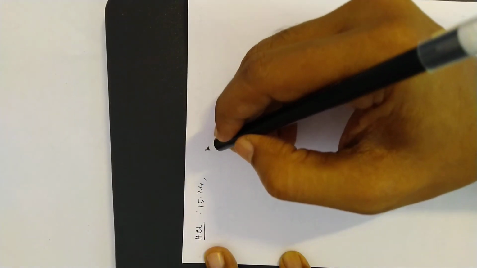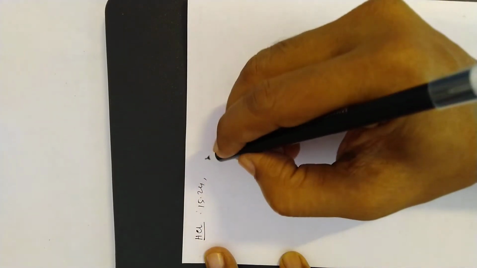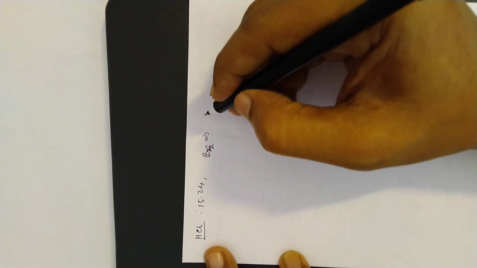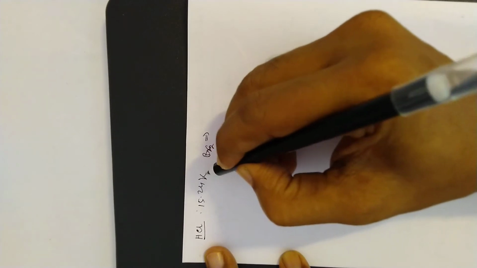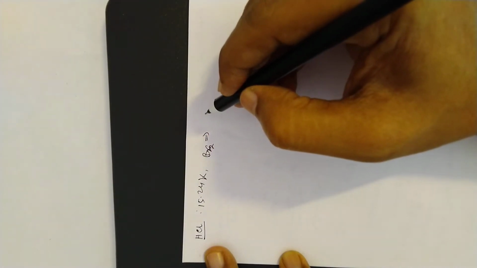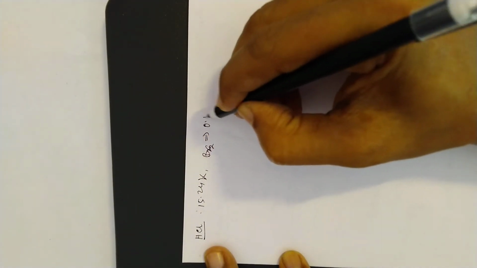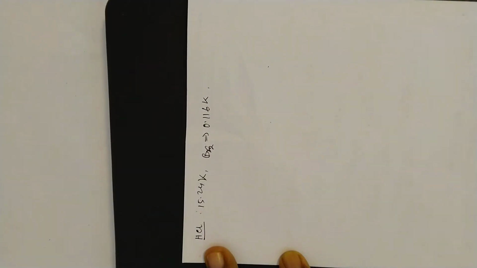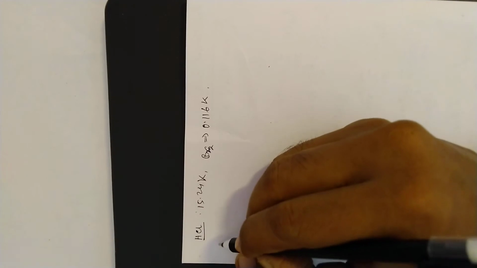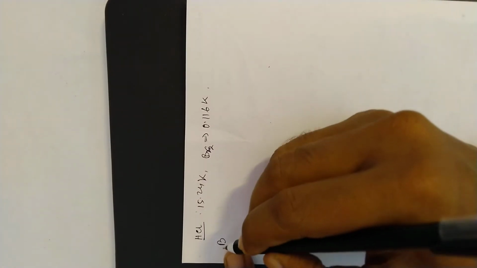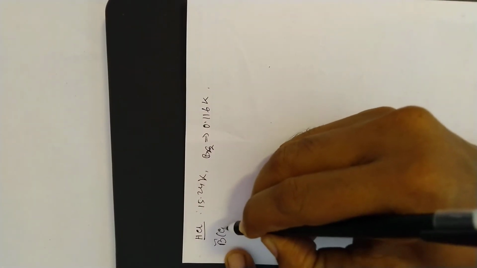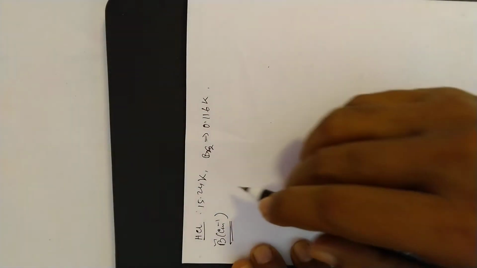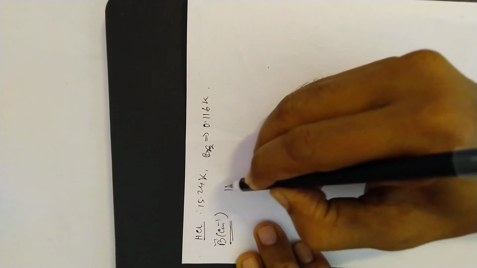On the other hand, for the smallest one, for example bromine, theta rotational I find is about 0.116 Kelvin. Given theta rotational, you can also find out the rotational constant B tilde in centimeter inverse. Remember that this is written in centimeter inverse.